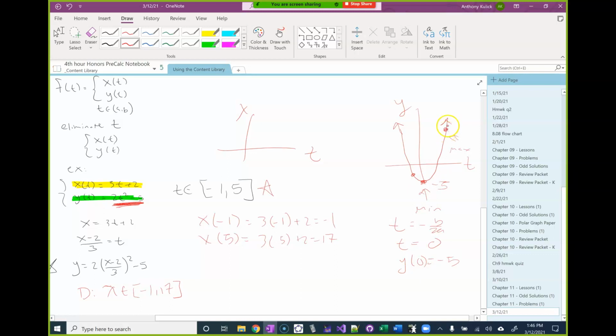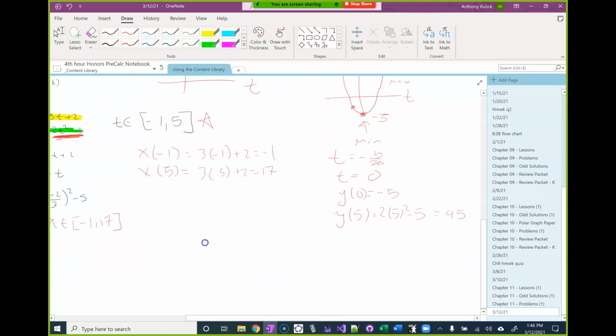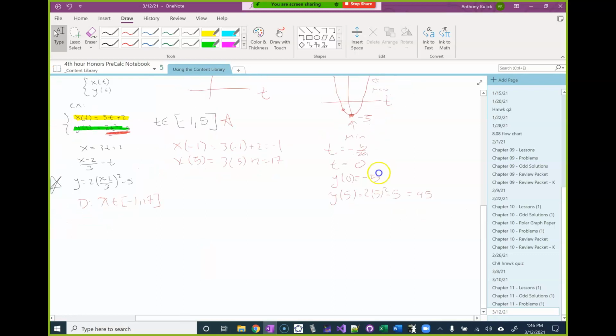And my maximum here is just going to be y of 5. So that's 25 times 2 minus 5, or 45. So my range then is just going to go from -5 to +45.